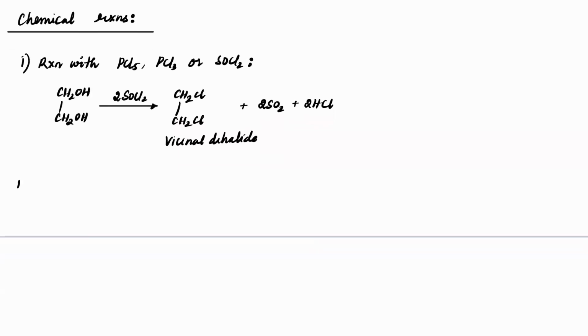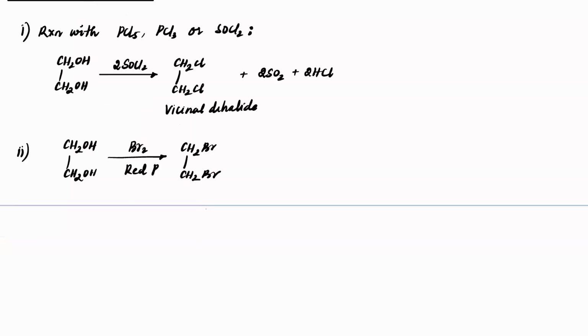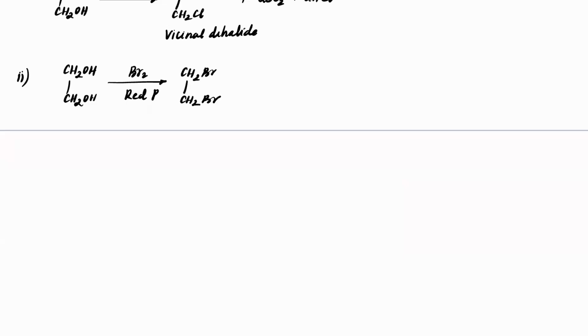Got it? Second, if you react the glycol, CH2OH, with Br2 in the presence of red phosphorus, then we will get CH2Br and CH2Br. Now here is a catch.